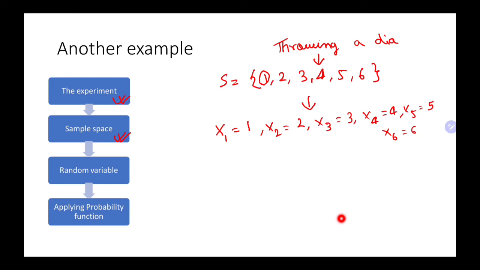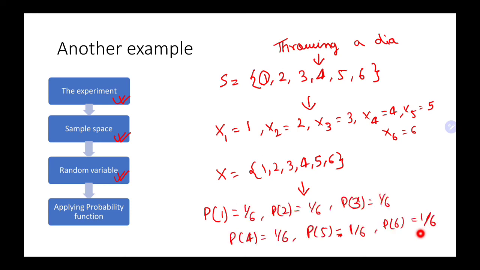You can assign any values, for example 0, 1, 2, 3, 4, 5. Hence, the random variable consists of values 1, 2, 3, 4, 5 and 6. Now the last step is to identify the probabilities. Remember here P1, that is the probability of getting 1 or the random variable 1, is 1 by 6, and hence these are all the probabilities of the assigned random variables.